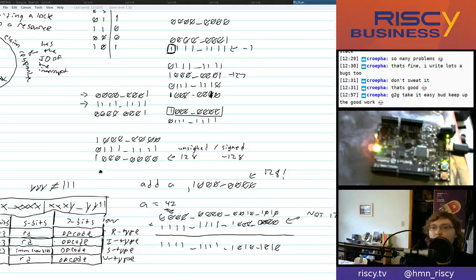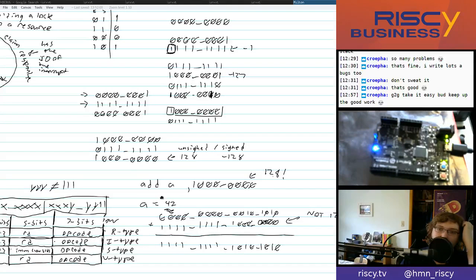Right, so if it's 1 and then all zeros afterward, that's the maximum negative number. So if it's 1 1 1 1 1, all the way down, that would be -1, right? I'm pretty sure that's right.